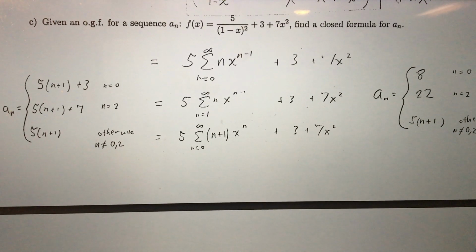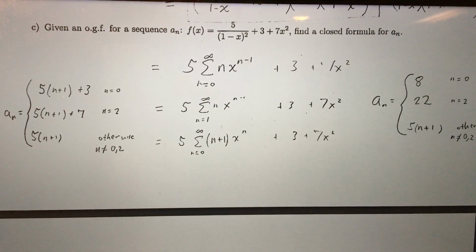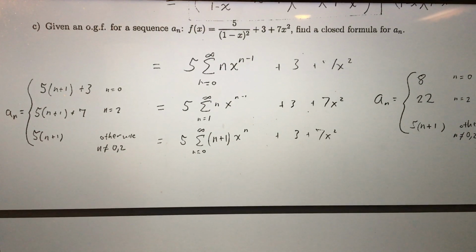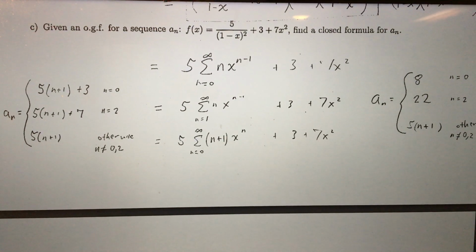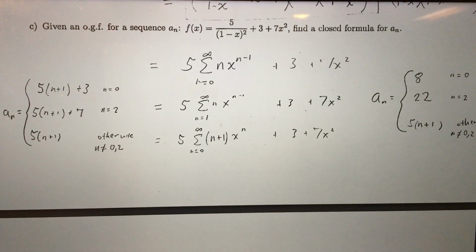Now, for interesting ways to check your work, for n equals 0, I know that for an ordinary generating function, that should be the value I get when I plug 0 into the original function.